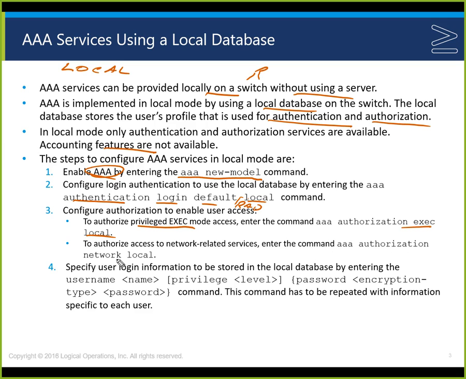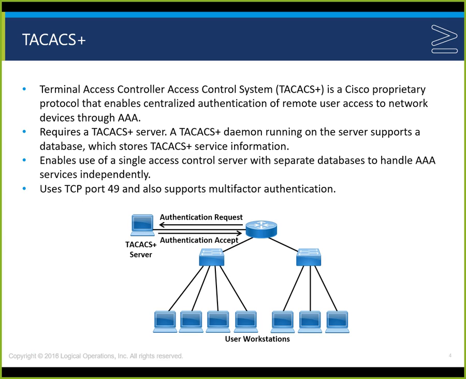Those are different things we can do with the authorizations here if we want to. Specify the username login information stored in the local database, entering the username, privilege, password, and type. We'll create a couple of local users, and then we'll go to the AAA server.